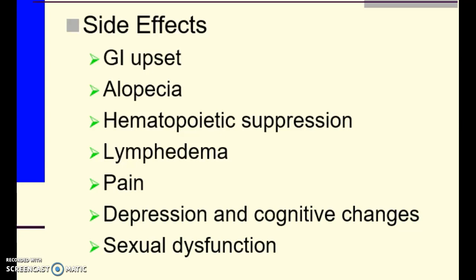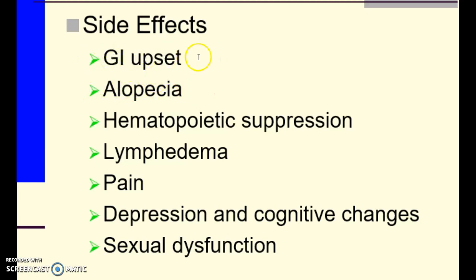Side effects. It goes on and on and on what the side effects to chemotherapy are, and it all depends on the patient, how much chemotherapy, what combination, so there's no tried and true. But chemotherapies that deal with cellular reproduction are going to cause alopecia, which is hair loss, sorry.